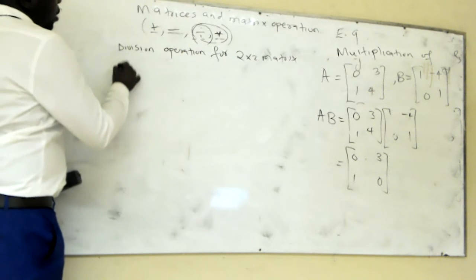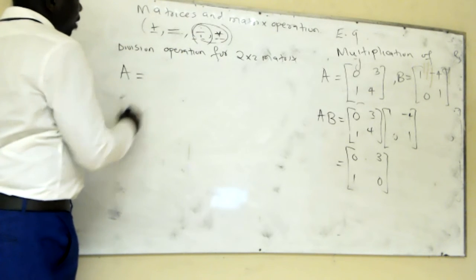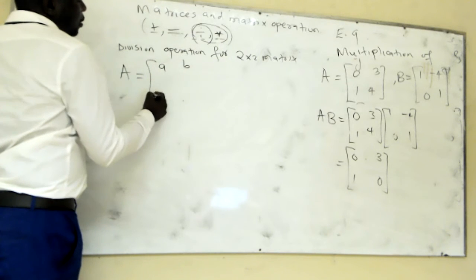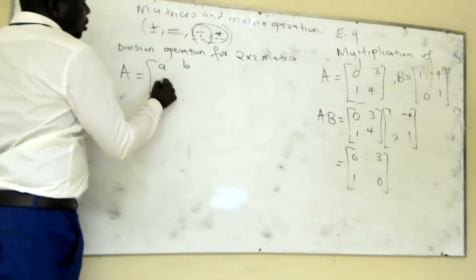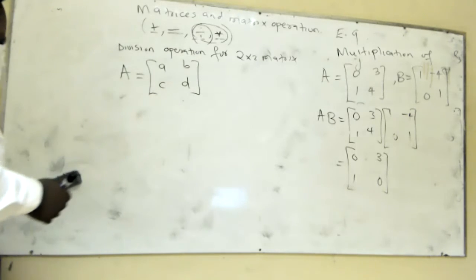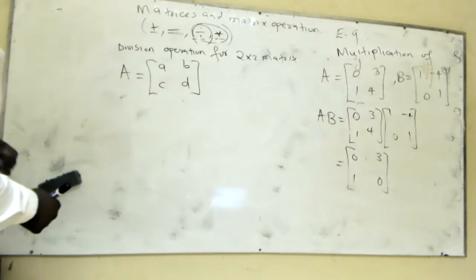So now let's say we are given a matrix A, given as A, B, C, D, and we want to divide this matrix.